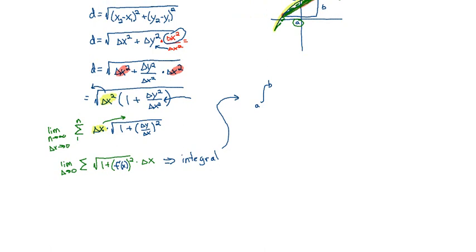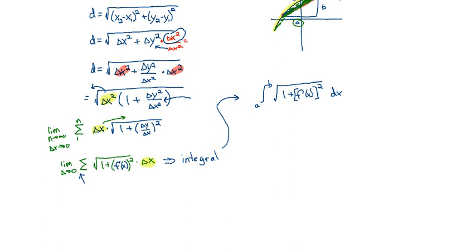The s is the same thing as the summation of the square root of 1 plus f prime at x squared, and then every integral ends in dx, which is our delta x over here.